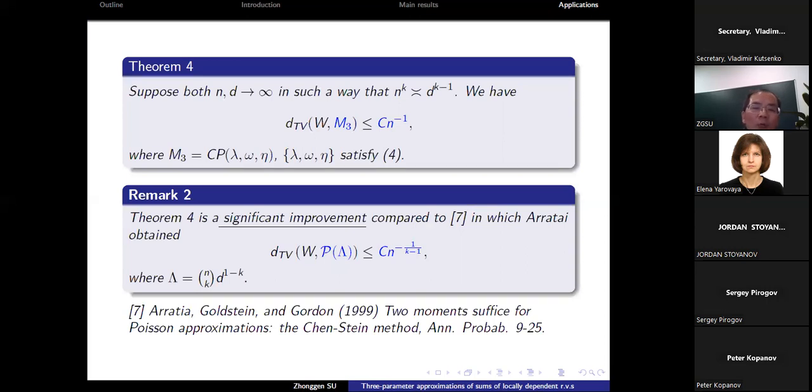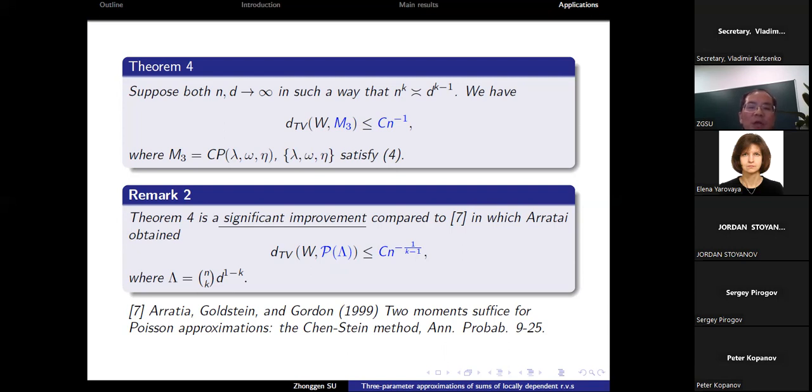Our result is a significant improvement compared to the paper by Arratia.